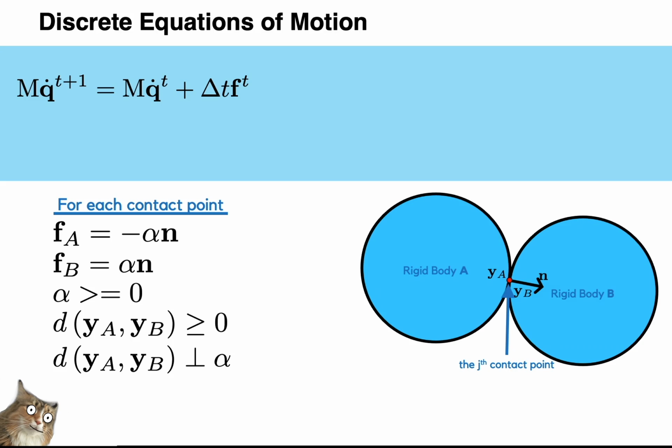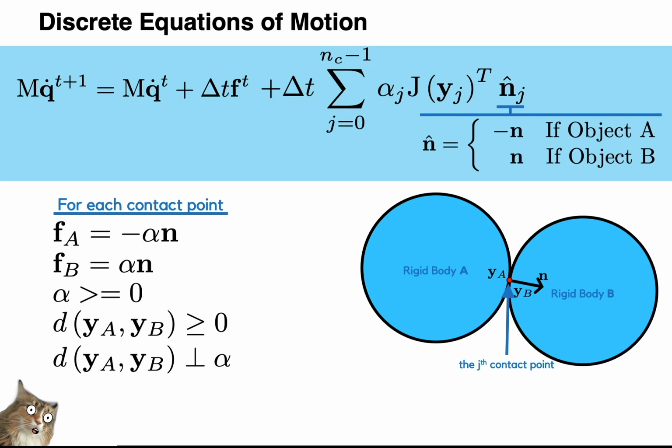Thus, we can compute the total force due to contact acting on an object by multiplying each contact force by the Jacobian transpose and then summing them up. Here, n hat takes care of choosing the appropriate sign for the contact normal, and it depends on which object in the collision pair we are looking at. N sub c is the number of contacts acting on this object, and for the pairwise case, it is equal to 1.